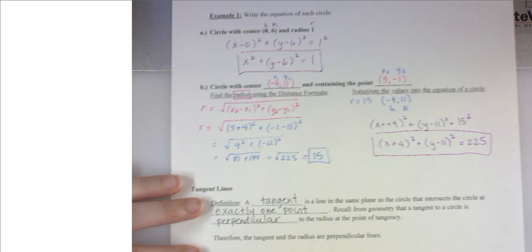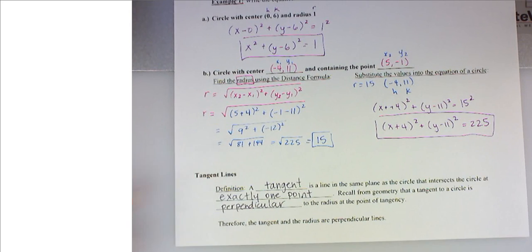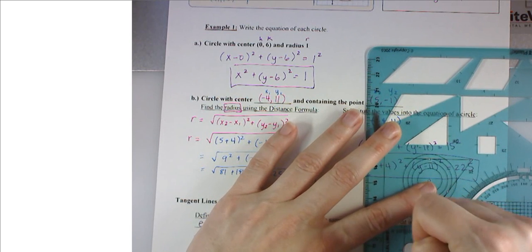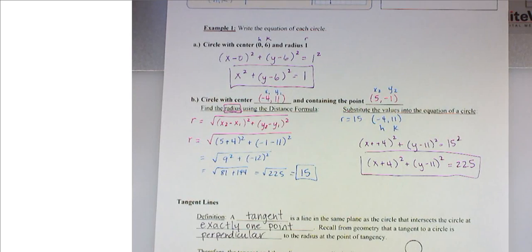We're going to draw just a visual representation of this, just a small one. I'm just going to draw a little circle here, and so we have the point of tangency. Okay.